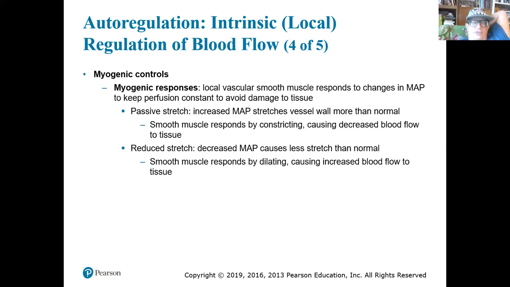In myogenic control, the smooth muscle in the arteriole can respond to a change in mean arterial pressure to make sure you keep blood delivered to the organ. One thing you can do is passive stretch. If you have increased stretching of a blood vessel in an organ more than normal, the smooth muscle will respond by constricting, decreasing blood flow to the tissue.